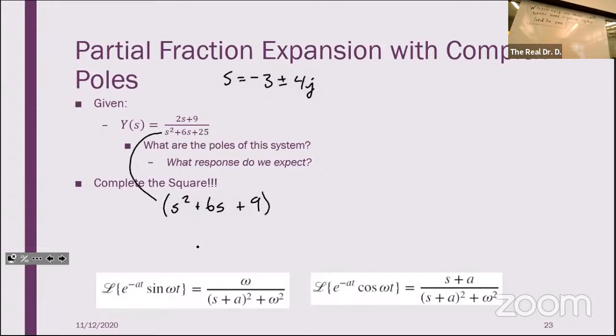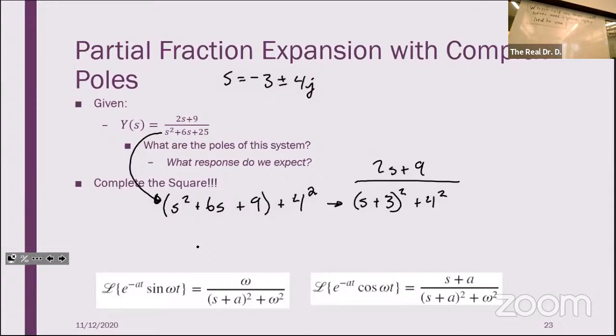I'm just completing the square for the denominator, and we're going to leave the numerator like that. This can get rewritten as s plus 3 squared plus 4 squared. So this becomes this.